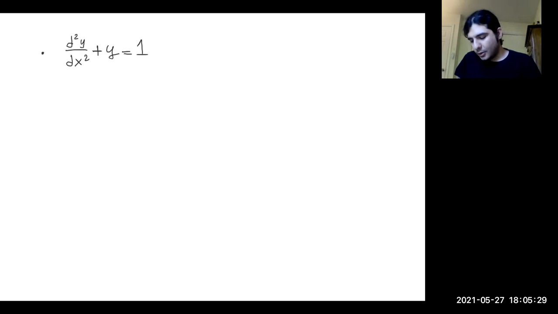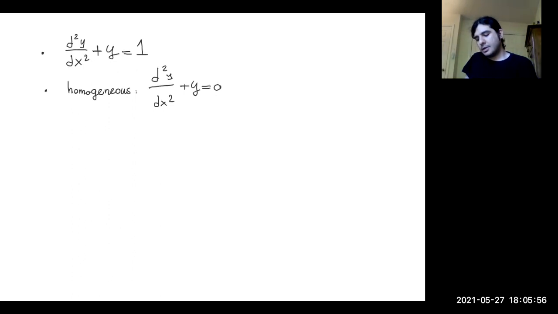If we want to solve this equation, first I should find the solution to the homogeneous part. So the first step would be looking at the homogeneous equation, which corresponds to this one. That equation would be the second derivative of y with respect to x plus y is equal to 0.